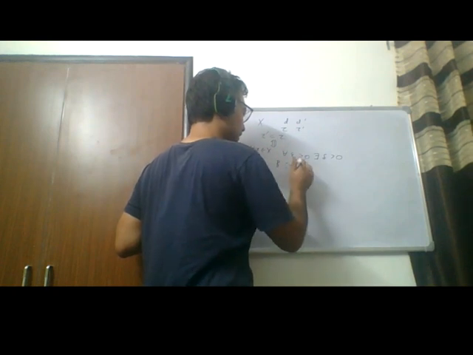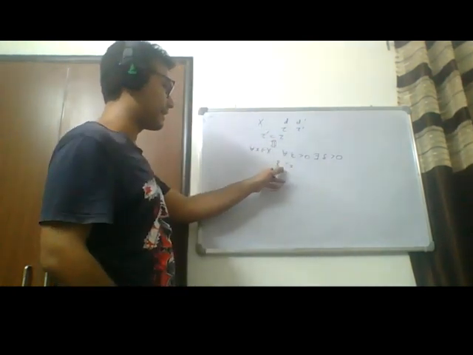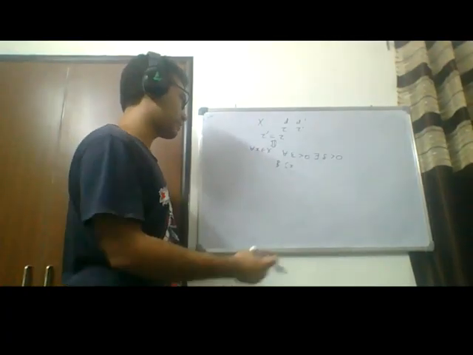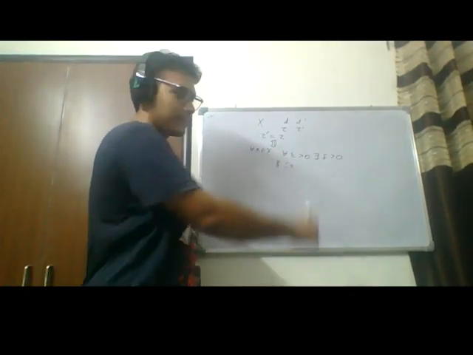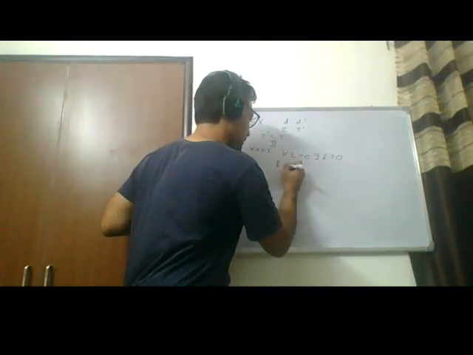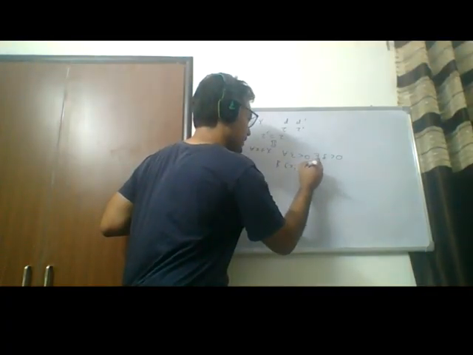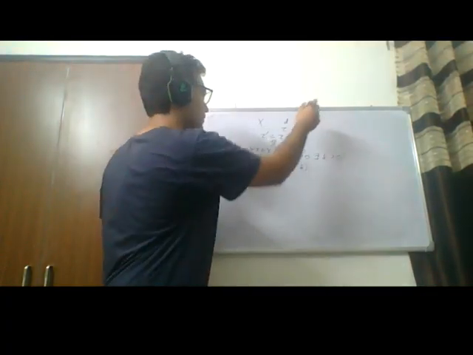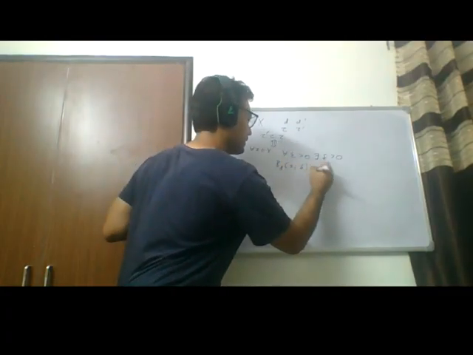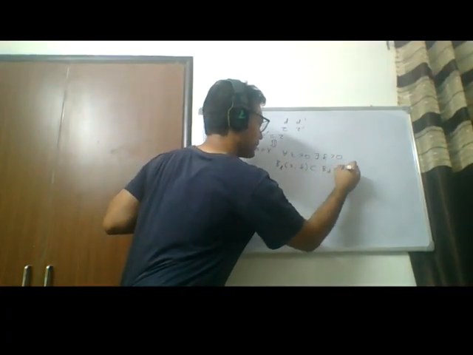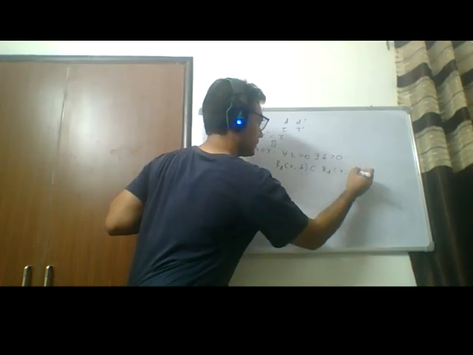Some people write N delta of x also, so that's another notation, but here I'm going to stick to the book's notation. So B delta d prime of x is a subset of B d of x comma epsilon.